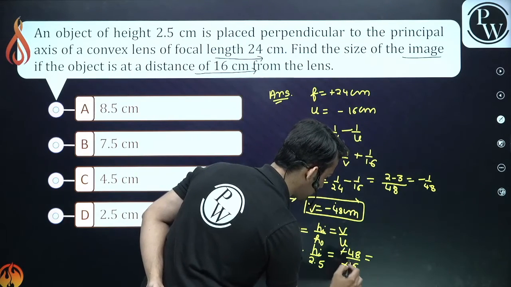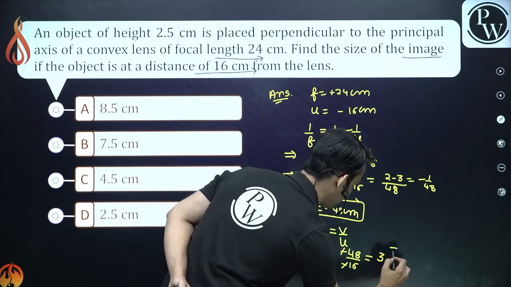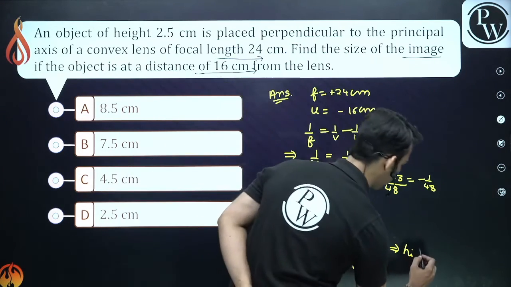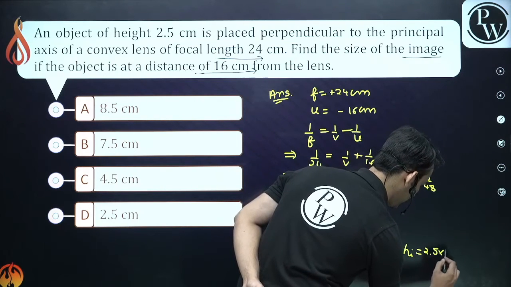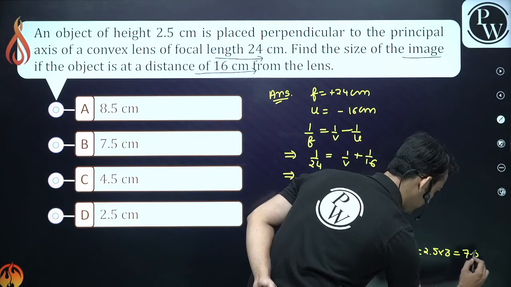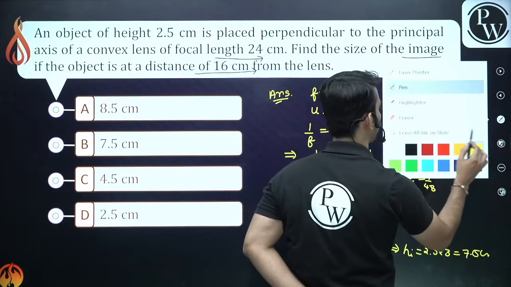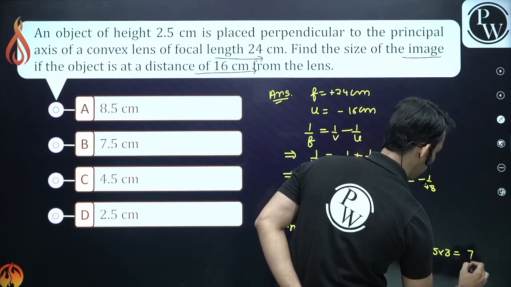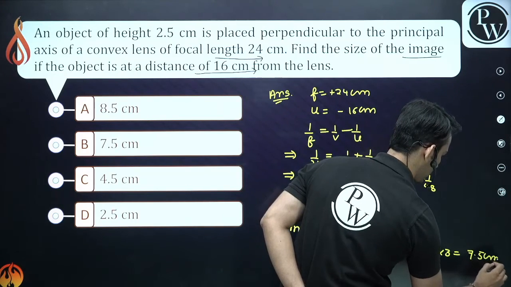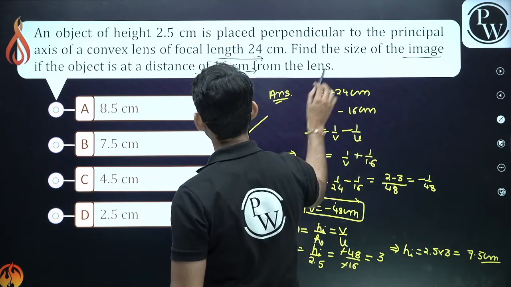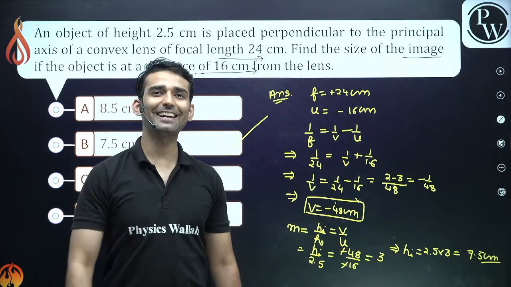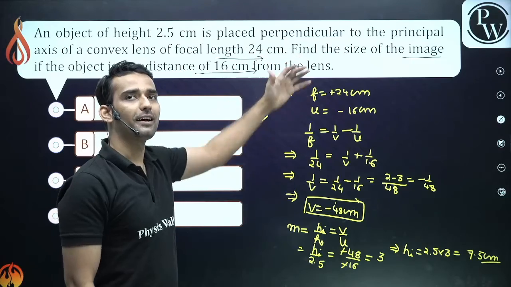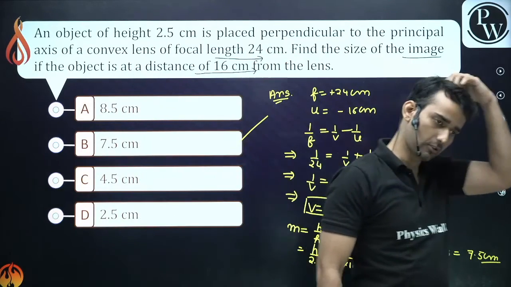So minus is cancelled. 16 threes are 48. It's 3. So guys, from here what is the image height? 2.5 into 3, it is 7.5 centimeter. Clear? Which option is correct? Option B is correct. Is it clear guys? 7.5 centimeter. This is how you should apply the lens formula and mirror formula also.